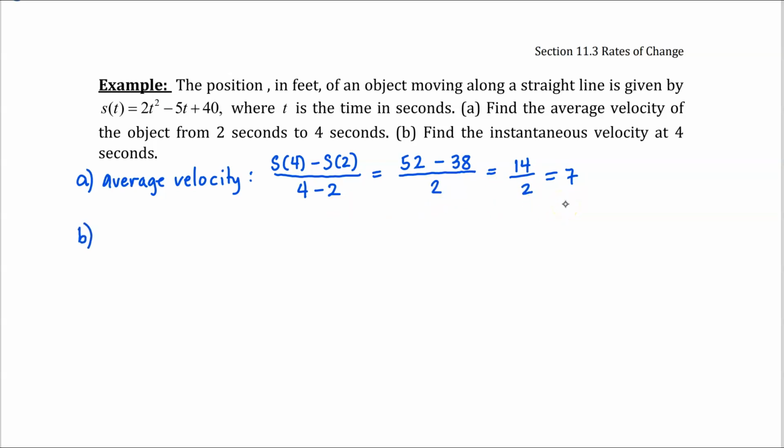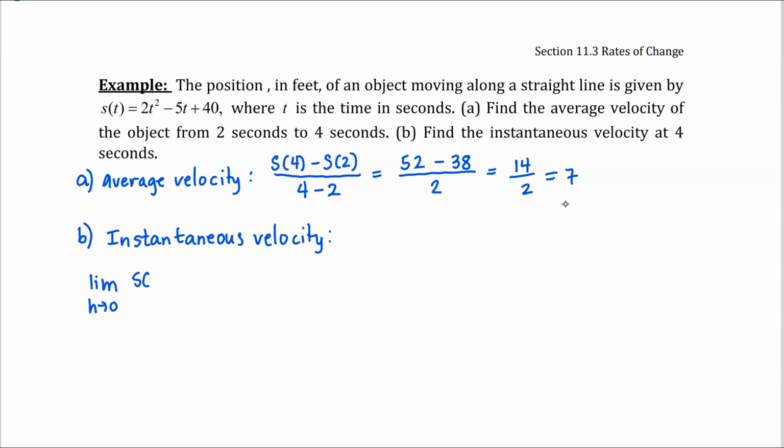Next, let's compute the instantaneous velocity. The instantaneous velocity can be computed by finding the limit as h approaches 0 of the average velocity at 4.